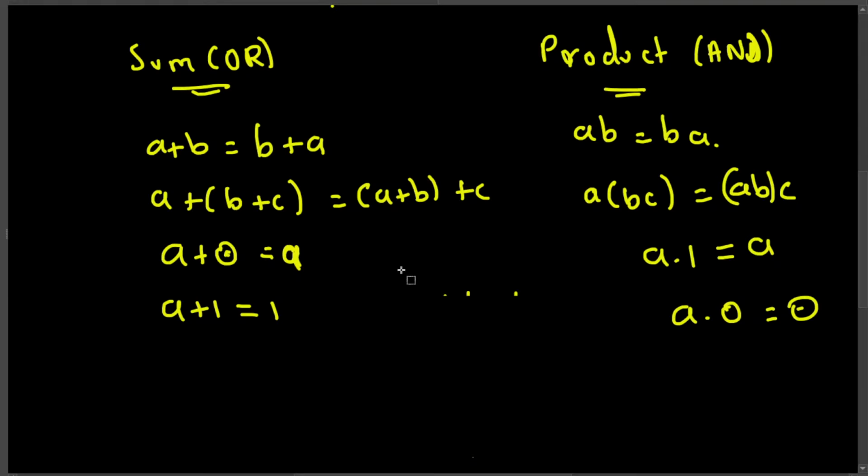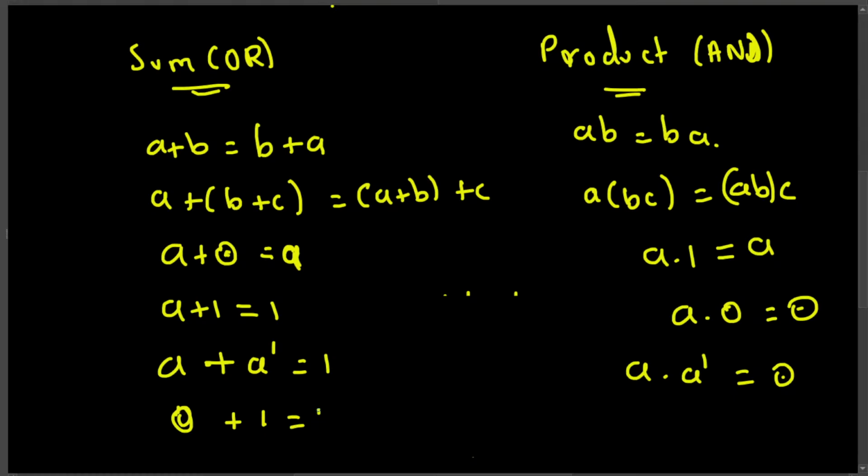And if you have A plus A prime, that's equal to 1. And if you have A times A prime, that's equal to 0. This is because let's say A is 0, then A complement is going to be 1.